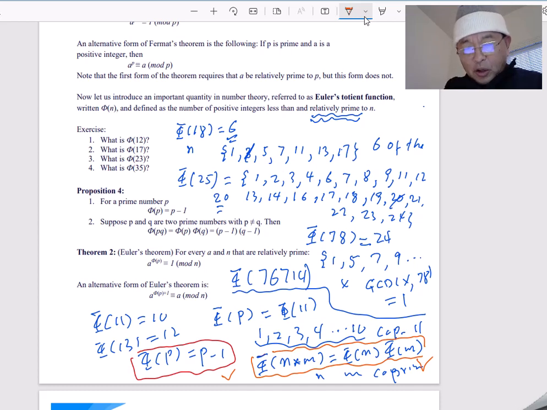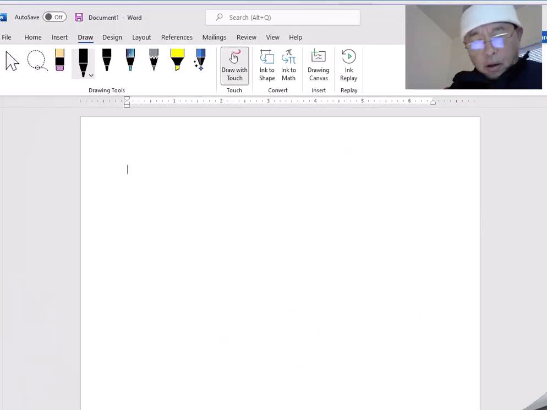Once again, what is the totient? It is the function that gives the number of positive integers less than, and relatively prime to, that number. We have the examples here. For calculating the totient, we have two properties we can use.